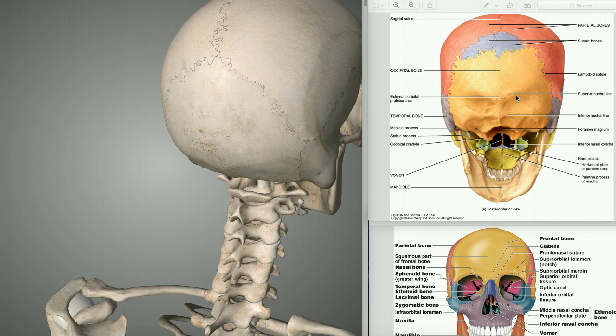So we have the nuchal and superior nuchal lines, and you have the inferior nuchal lines. You have your protrusions here, the external occipital. Then you have this part here known as the foramen magnum.